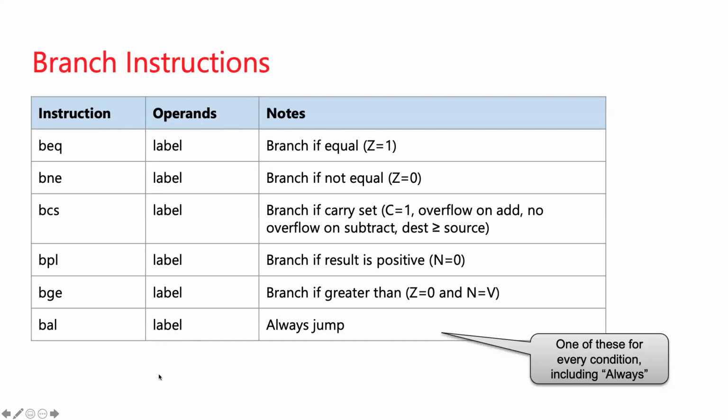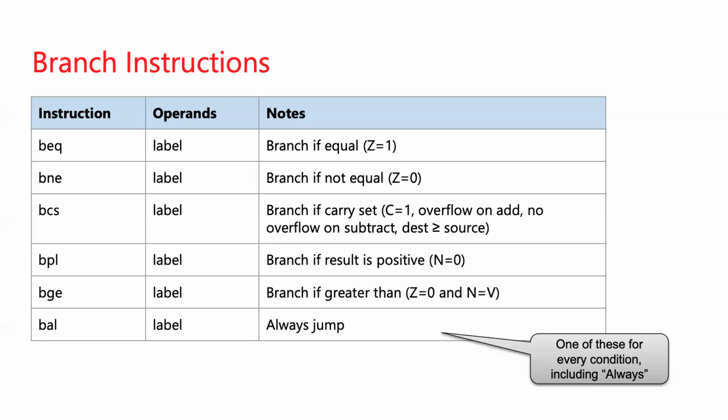So branch if carry set is branch if carry is 1. And then if you want to think of that as an overflow, that's the one that depends on whether you just did a subtract or an add. If you just did an add, branch if carry set would indicate overflow.